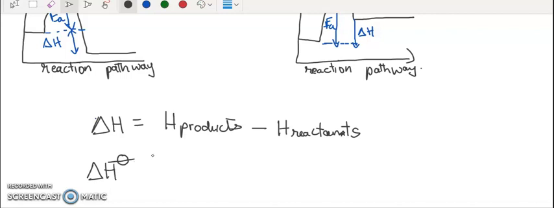The standard conditions are all substances in their standard states of matter, at a temperature of 298 Kelvin or 25 degrees Celsius, and a pressure of 1 atmosphere or 101,000 pascals. So let me write that these are standard conditions.